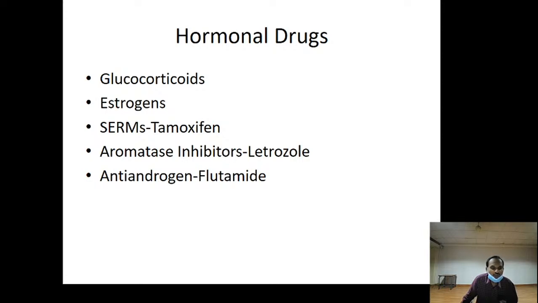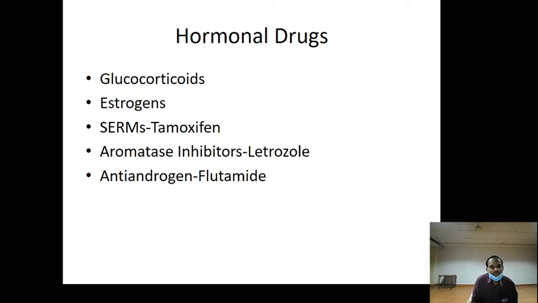So their efficacy will also somehow come down, though the toxicity also comes down. So that is the caution between use of dexrazoxane and anti-malignancy drugs like anthracycline antibiotics.